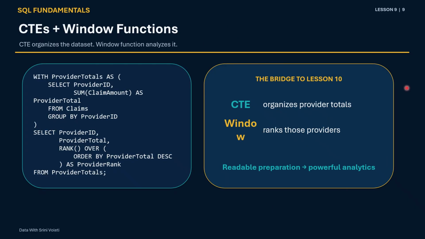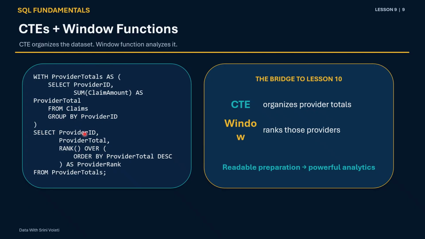This slide shows why I wanted CTEs before window functions in our fundamentals sequence. Look at the first step. The CTE called provider totals aggregates the claims table. After GROUP BY, we have one row per provider: provider ID and provider total. That gives us a clean provider-level data set. Now look at the outer select.